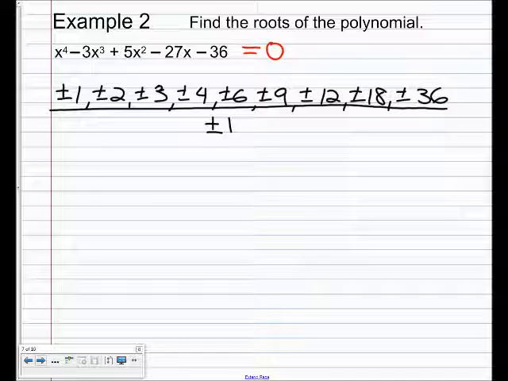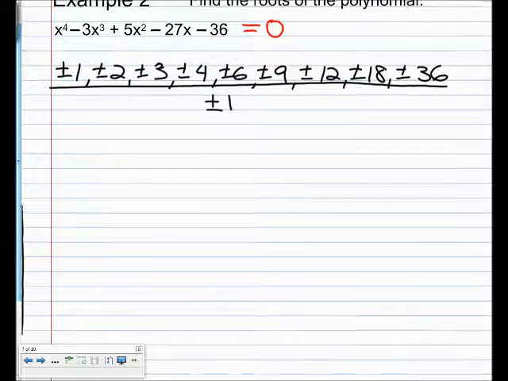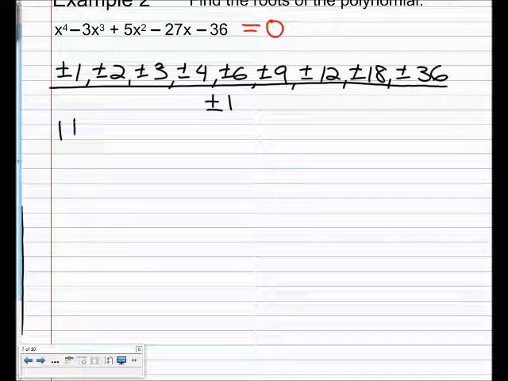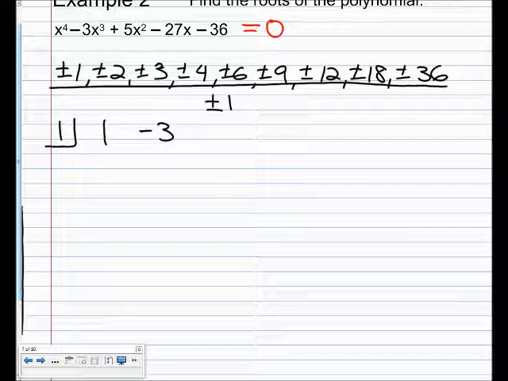1. So I am going to use a skill you should know. I'm going to put 1 in the corner. Then I'm going to list the coefficients from my polynomial, which are 1, negative 3, 5, negative 27, and negative 36.